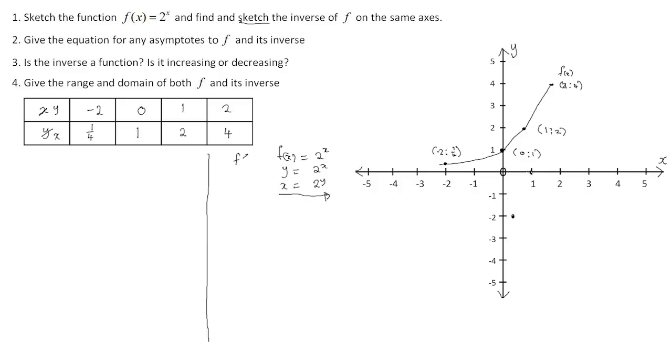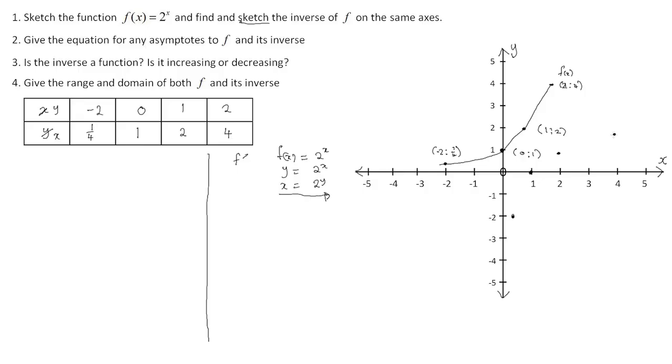So that would be the next point. And then we have y is equal to 1 and x is 2, so it will be right over here. And then we have y is 2 and x is 4, so that one will be right over here.